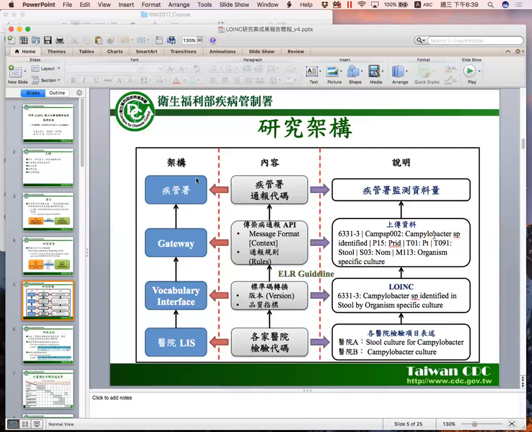Because all the medical centers participated, we did an estimation: probably more than 60% of laboratory information was monitored in this project. Especially in geography, the north, south, east, and west, most hospitals were covered. So that was a successful project.